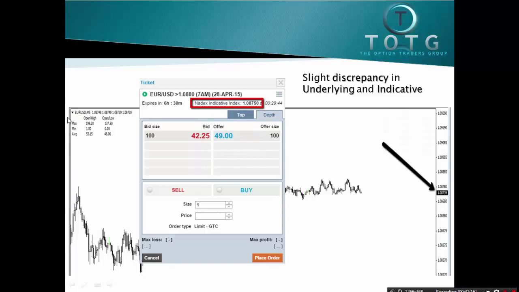If we go to the Euro USD chart, it's trading at 1.08739, so just shy of 1.0874, about 1 tick, a little more than 1 tick. There is a slight discrepancy there. So if you see that, that's why it is. It's because of how they're calculating those prices with the calculations I just showed you on the previous slide.